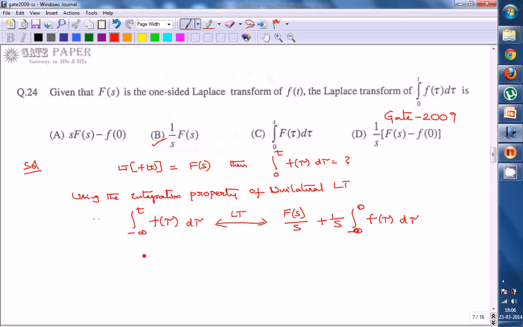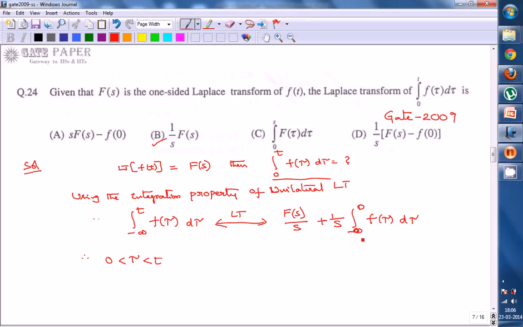So here we need the integration over 0 to t of f(τ) dτ, then we have the limits of τ from 0 to t now.